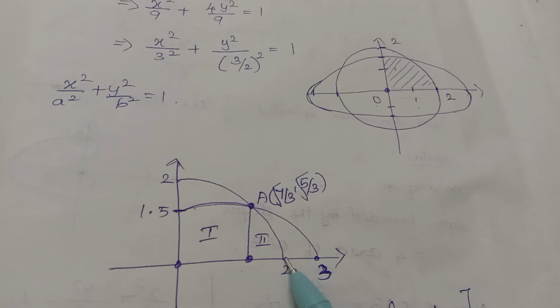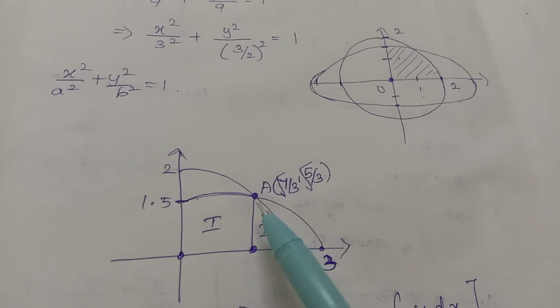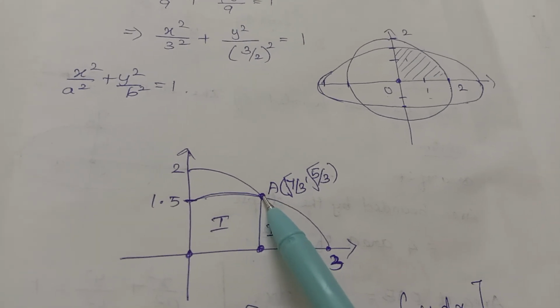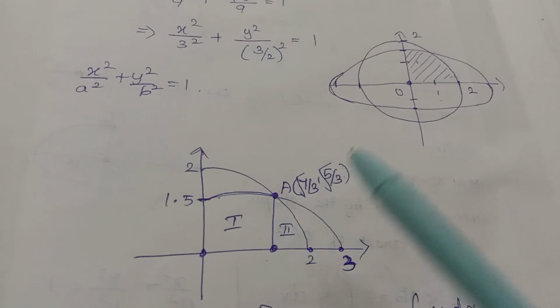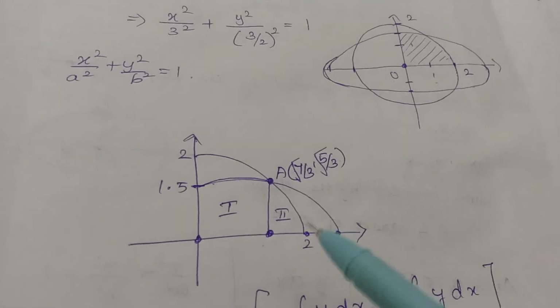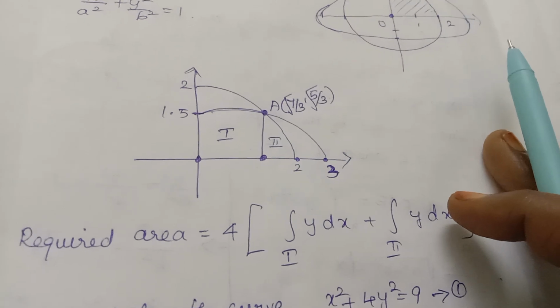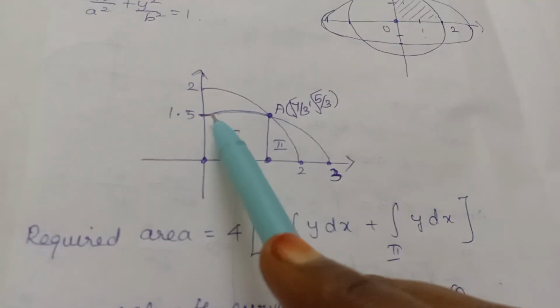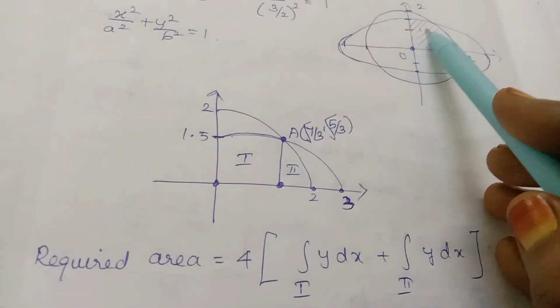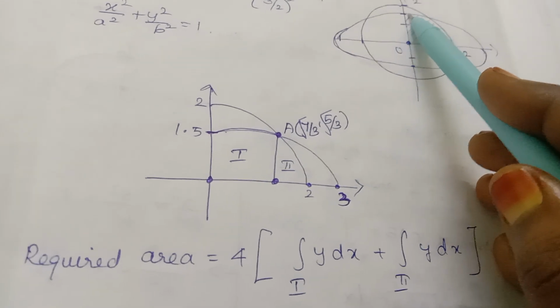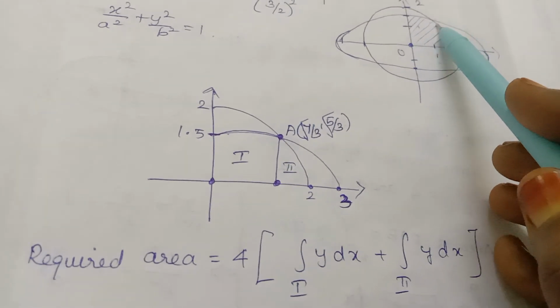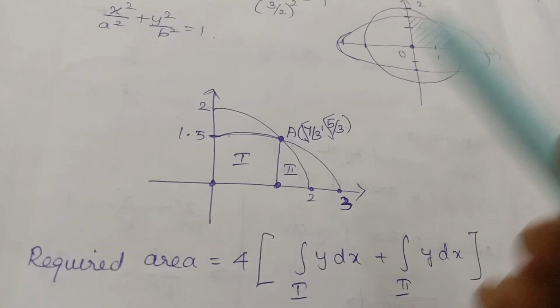This is the part of the circle and this is the part of the ellipse, and this is the point A where they cut each other, right? The formula we have studied will give you the area under a given curve. But if you look at the shaded portion, this part is coming under the ellipse curve and this part is coming under the circle curve. Understand?